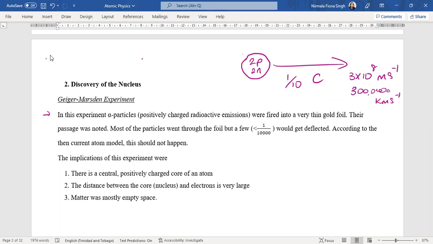All right, so these alpha particles are very small because it's a little packet of energy that carries 2 protons and 2 neutrons bound together, right? And it travels at 1/10 the speed of light, which is really, really, really fast. Okay, now it is radioactive. They had just discovered radioactive materials, right in the late 1800s.